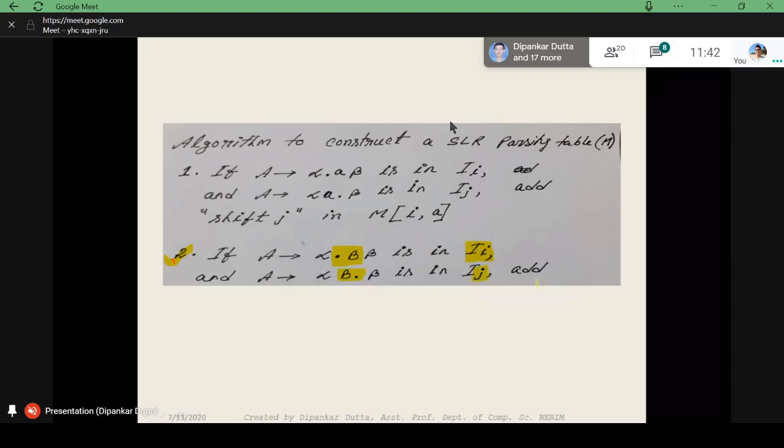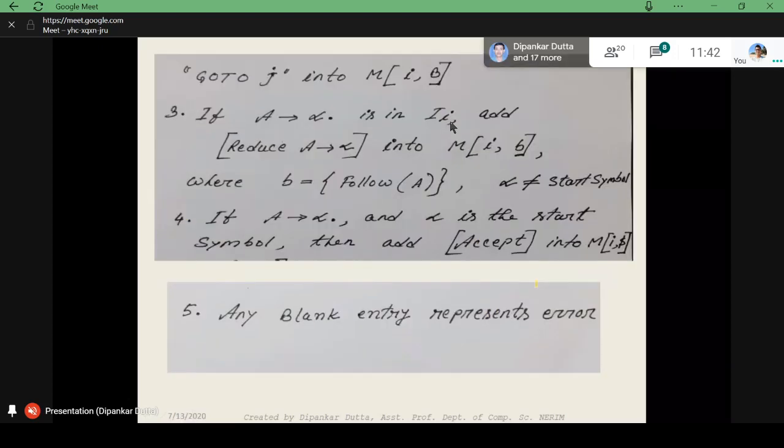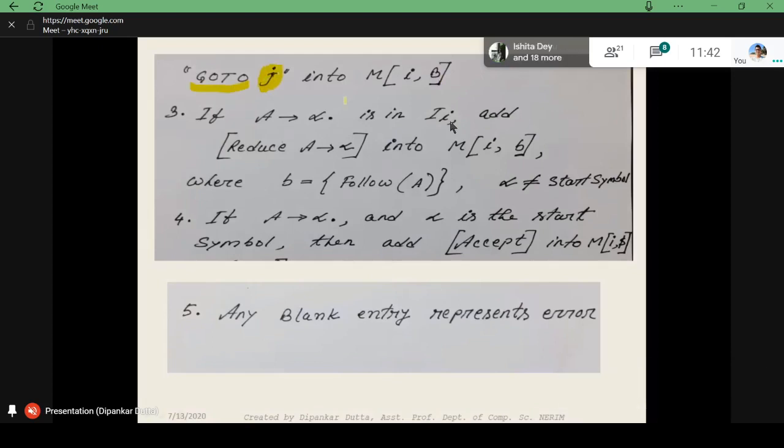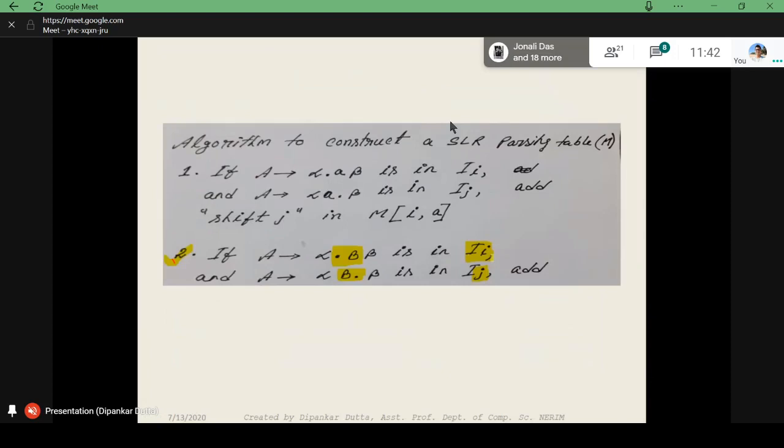Then add go to J into M of Ii B. Here I is the input state, B is the non-terminal, and we write J.